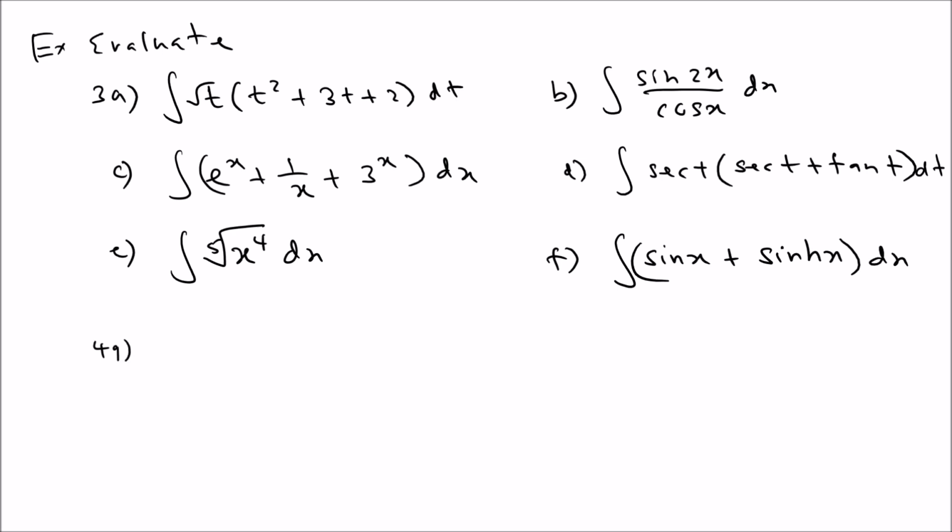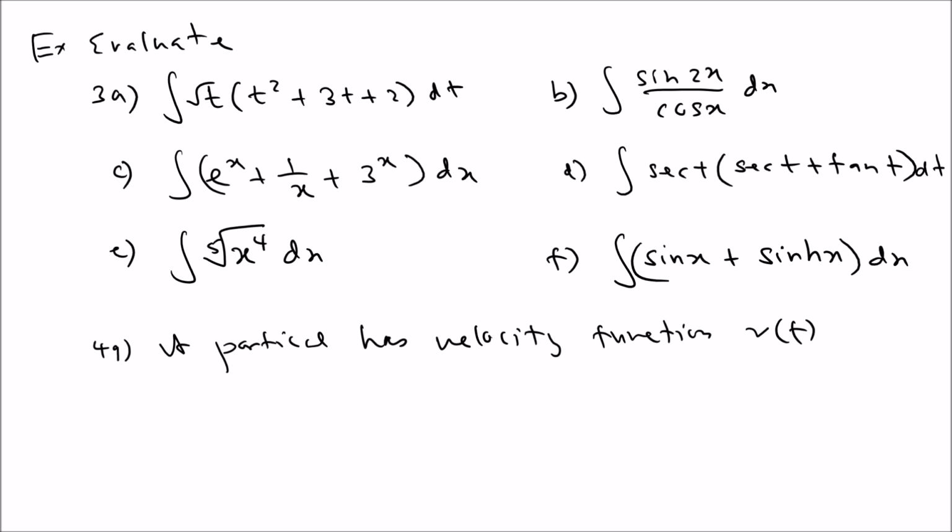You can try a particle that has the velocity function, let's say v(t) equals t squared minus t minus 2 meters per second.